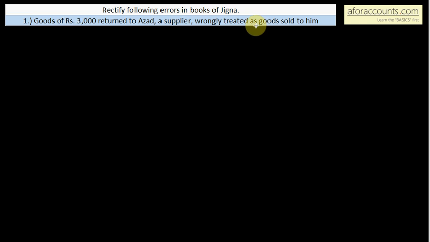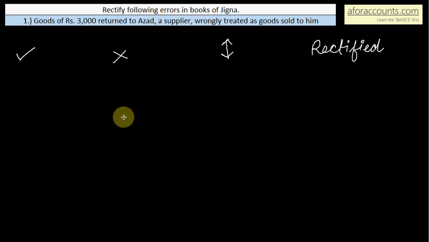So our method we will follow: in any case we will do the right entry, then the wrong entry, then the reverse of the wrong entry, and at last the rectified entry. So what will be the right entry for purchase return? See, purchase return account credit.